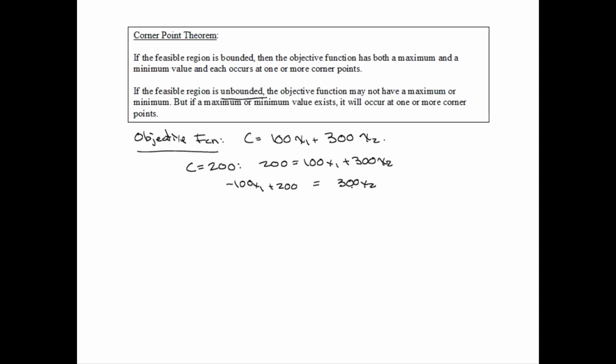Okay, if we divide everything by 300, now I have x2 equals negative 1/3 x1, I'm reducing the fraction, plus 2/3, or if you like y and x better, you can think of y equals negative 1/3 x plus 2/3.